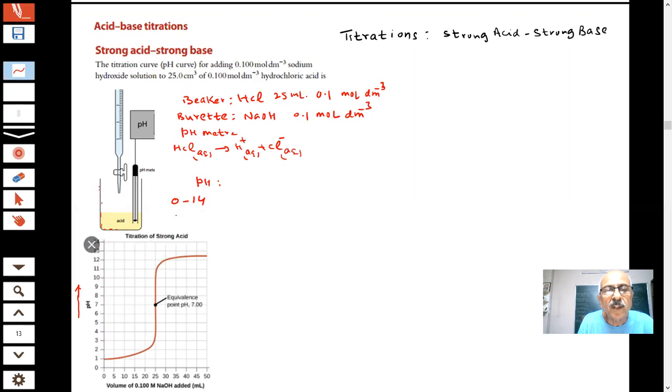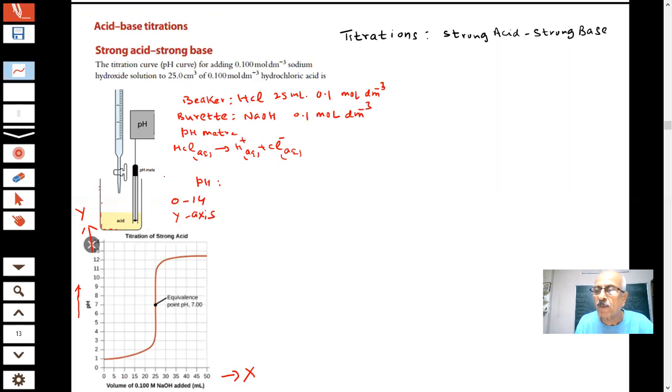As you can see, this is my y-axis, and on the x-axis I am plotting the volume of 0.1 molar NaOH added. Then I will keep on noting the pH from the pH meter.